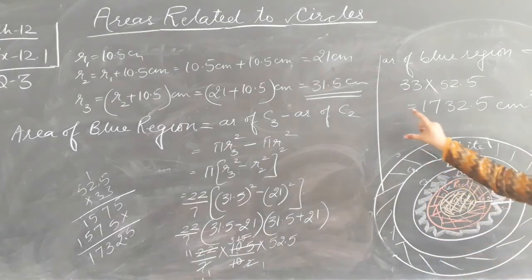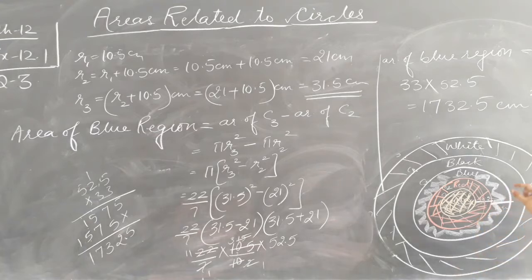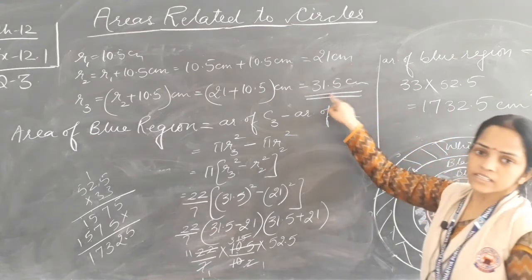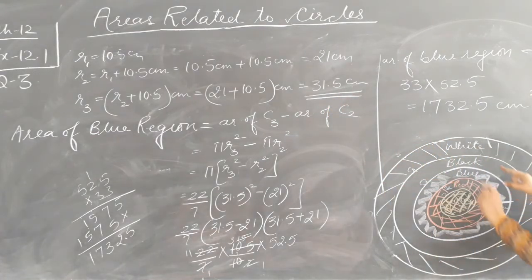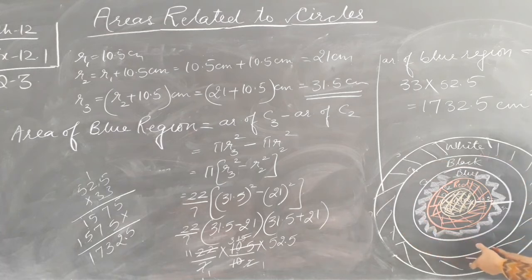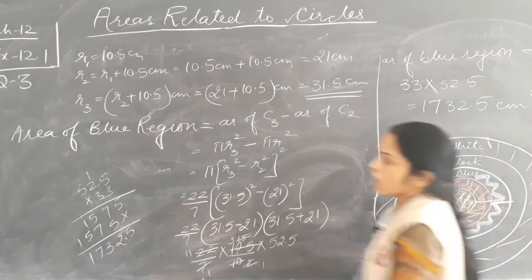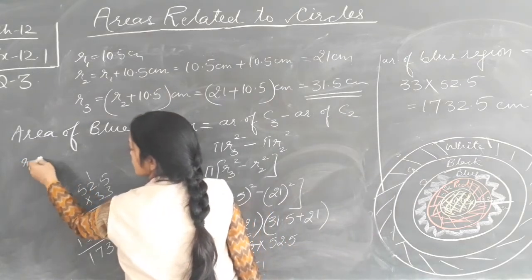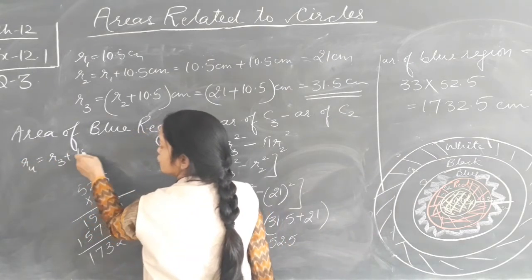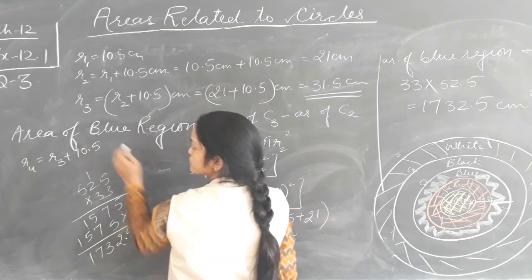Similarly, by proceeding the same pattern, we can find area of blue as well as white region. Now see, R3 we got as 31.5 centimeter. For finding area of this black region, you need to find out R4. How will you get R4? R4 you will get R3 plus width of band, which is again 10.5 centimeter.